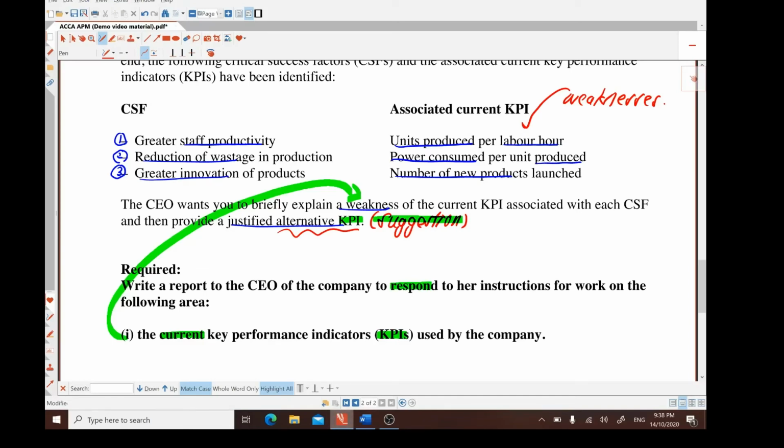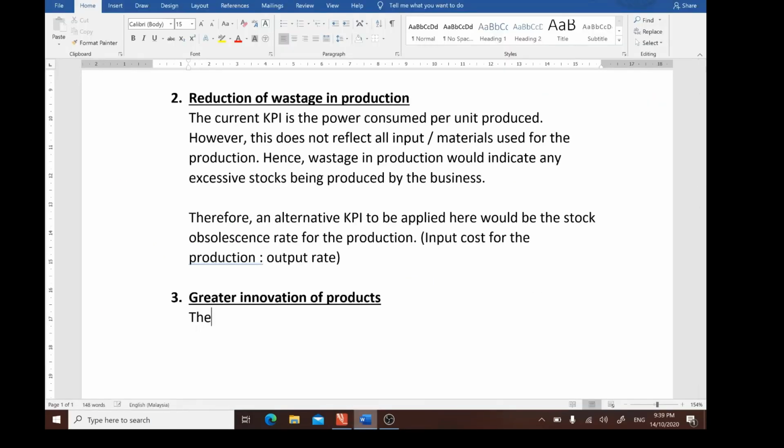So what's the current KPI right now? The number of new products launched. It's one of the KPIs applied currently.